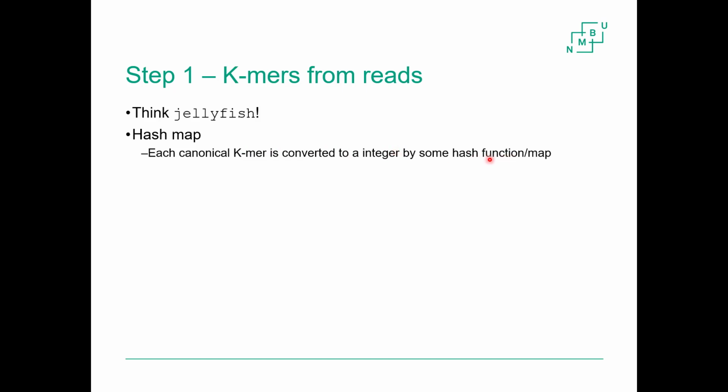So think of it as a function. You put in a k-mer and out comes a number. And this function must be designed such that each unique k-mer gives you a unique number. But if you put in the same k-mer, you get the same number, right? But each unique one produces a unique number out.